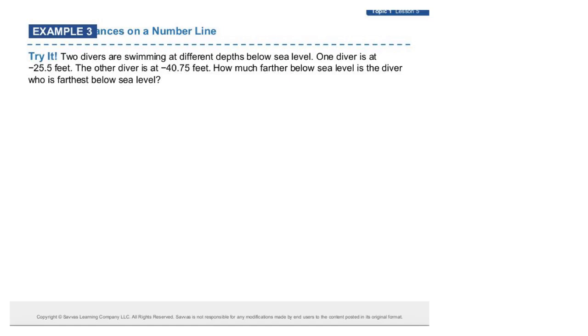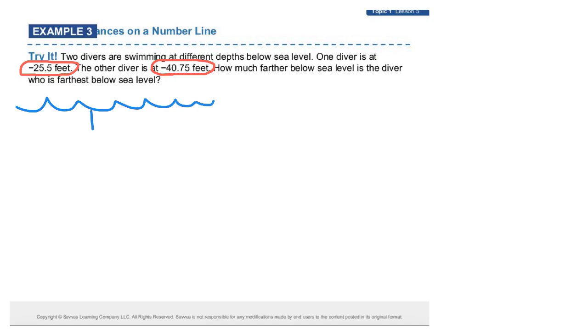We are at the Try It at the bottom of page 35. It says 2 divers are swimming at different depths below sea level. One diver is at negative 25 and 5/10 feet, and the other diver is at negative 40 and 7,500 feet. How much further below sea level is the diver who is farthest below sea level? Ooh, I feel like we might need a picture, and you know me, I'm awesome at pictures. Look, there's my water.